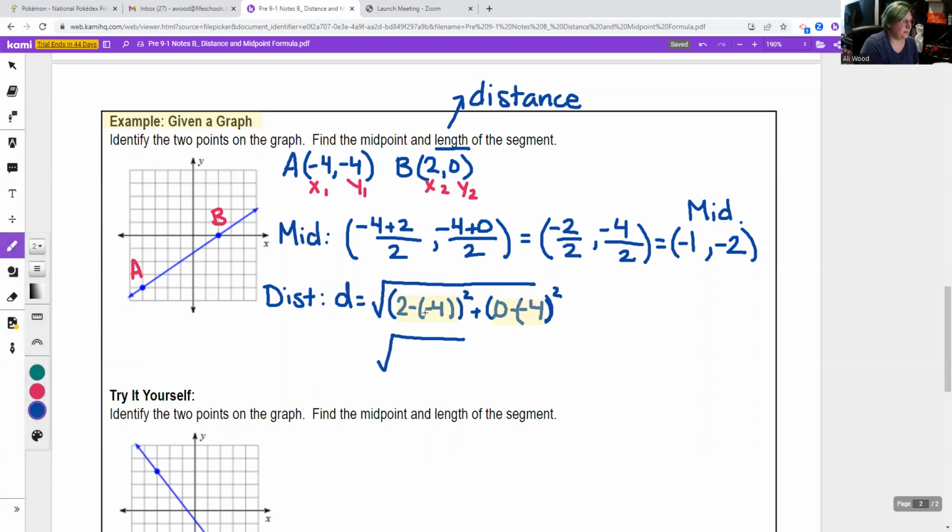So 2 minus a -4 is going to become 6 squared plus 0 minus -4 is 4 squared. So this is going to become 36 plus 16. So it's going to be the square root of 52. And again, we are leaving them unsimplified. So there's the distance. There's the midpoint.